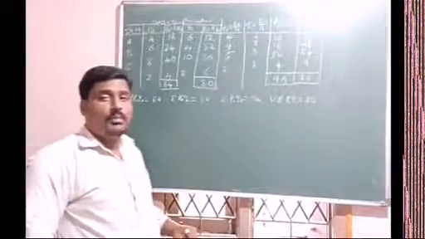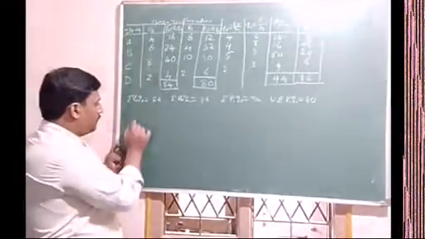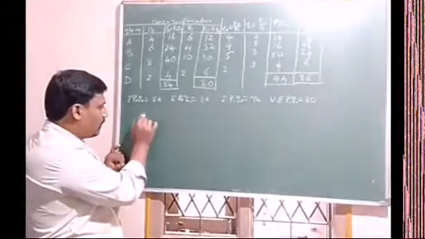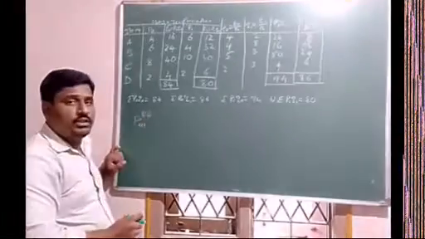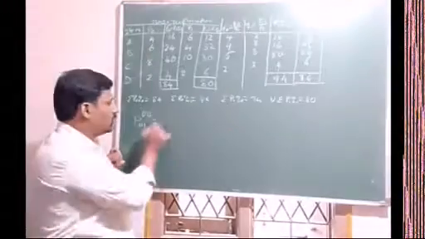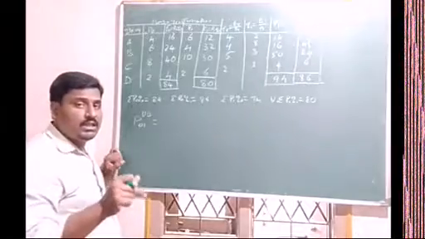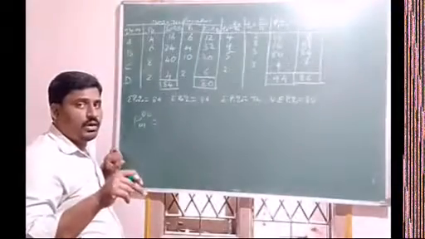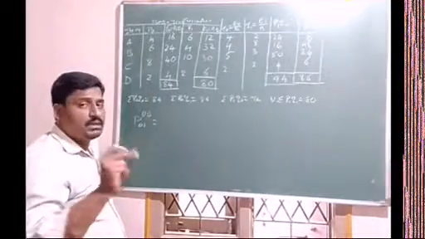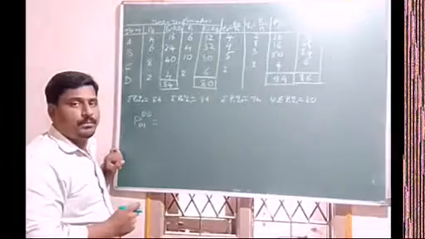So Drobisch-Bowley. So P01 with D and B above, right? That indicates Drobisch-Bowley formula. So in his formula, he has taken the average of both Laspeyres and Paasche's formulas. Okay.